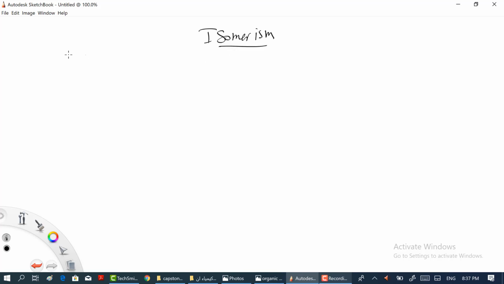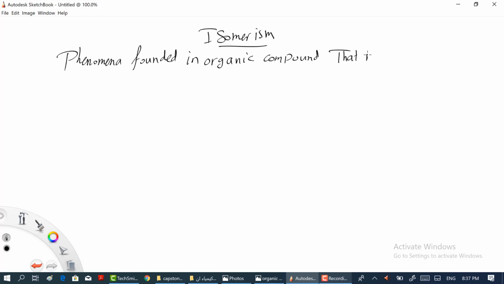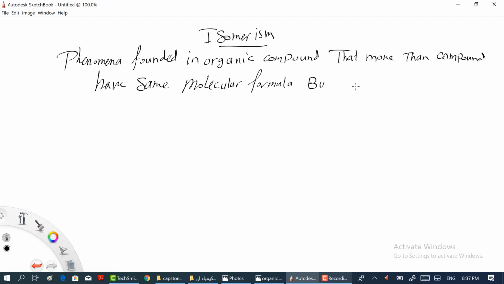This phenomenon is found in organic compounds, where more than one compound has the same molecular formula but differs in structural formula.